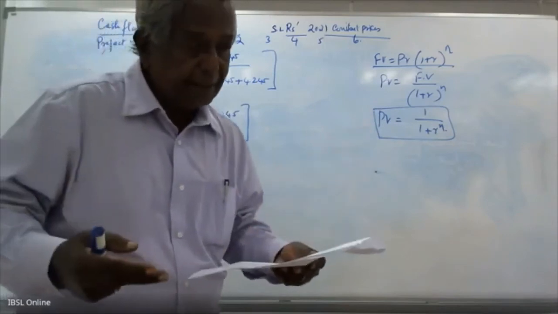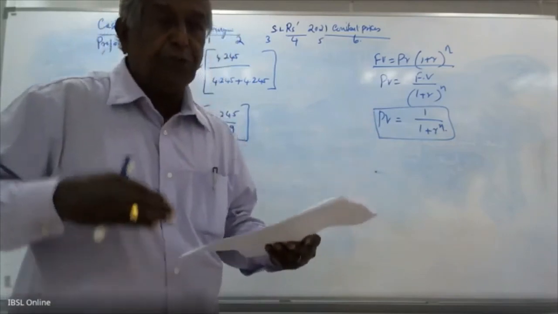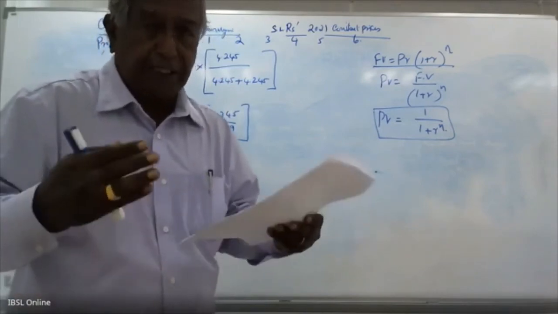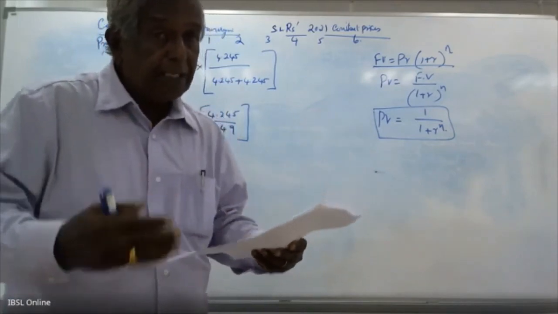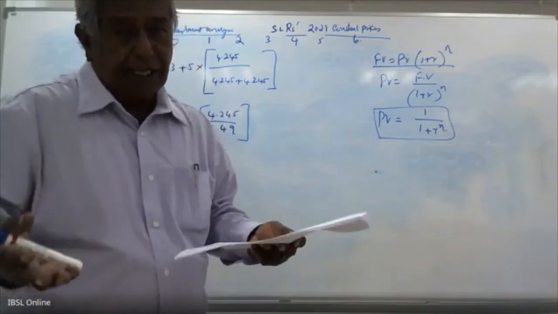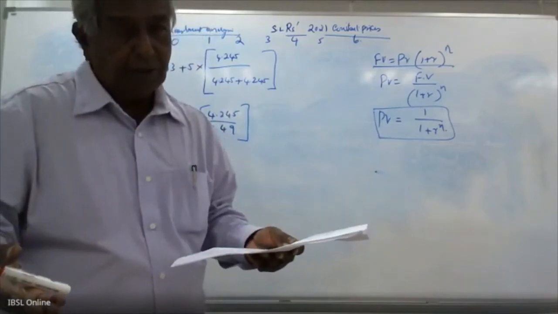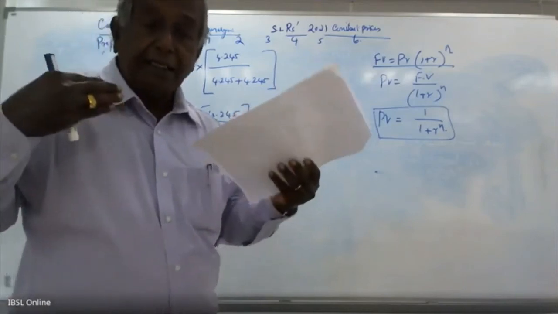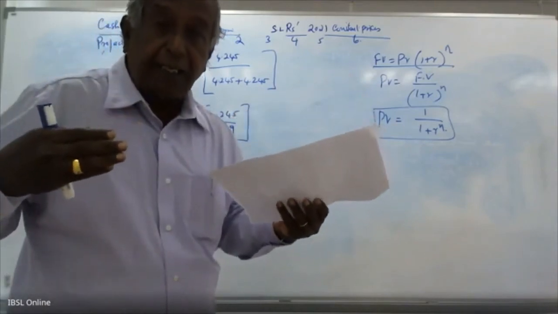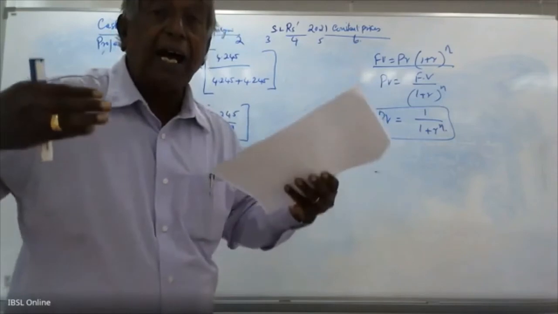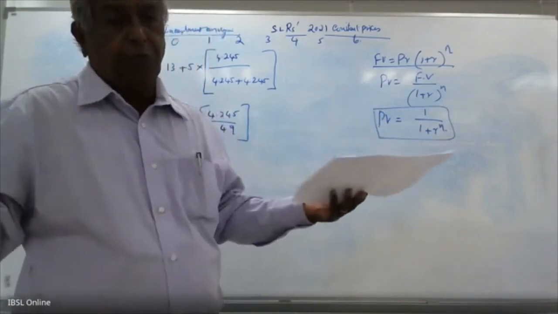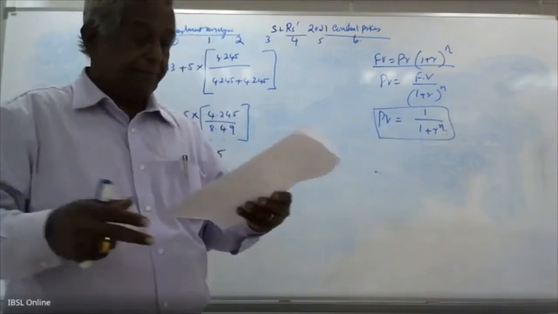Then interpretation: if the net present value is positive, then the project is beneficial. If the net present value is negative, the project is not beneficial, because the present value of the inflows does not cover the present value of the outflows.